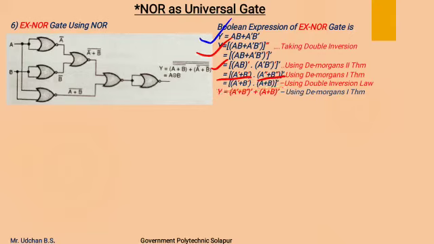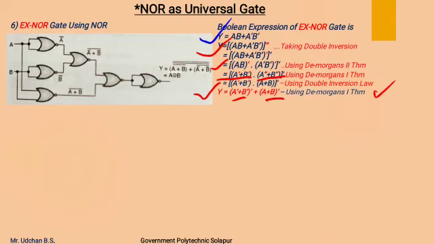Now to remove ANDing operation in between these two terms, I will apply again De Morgan's theorem. Applying De Morgan's theorem, I get this final expression, that is A complement plus B complement its complement plus A plus B complement. Now here I have two terms, this one and this one. I can get this boolean expression using NOR gate. Now there are again four variables A complement B complement.